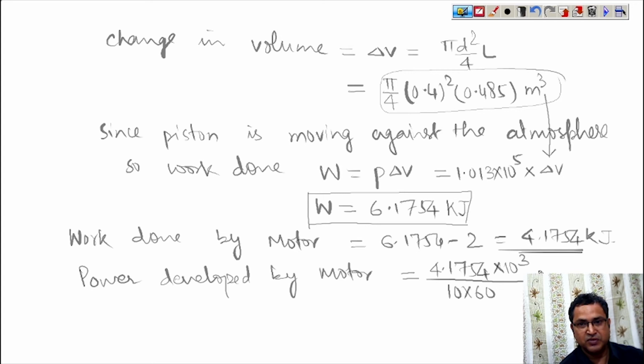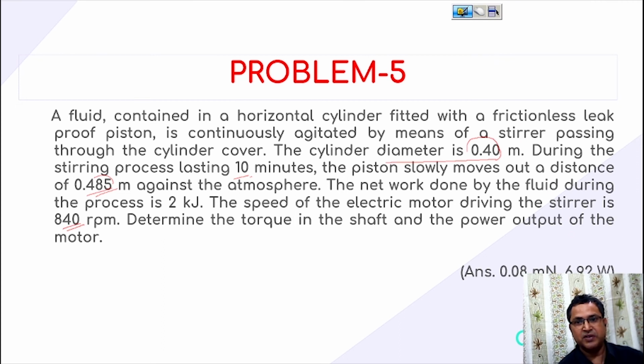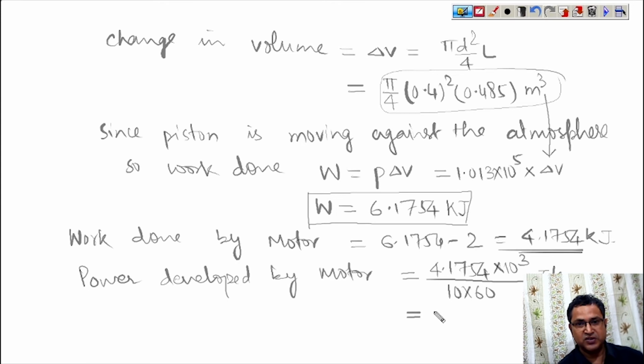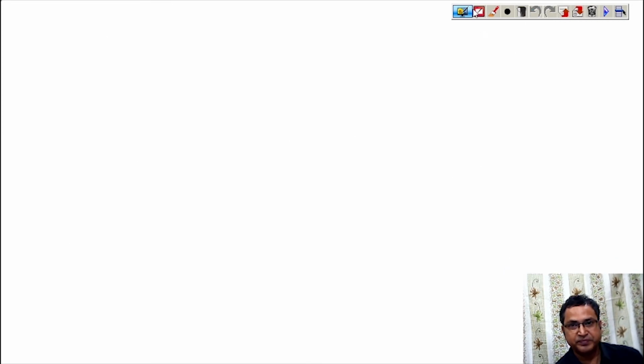This much amount of joule per second. Once you calculate, you will get the power as 6.92 watt. This much amount of the power has been developed by the motor.